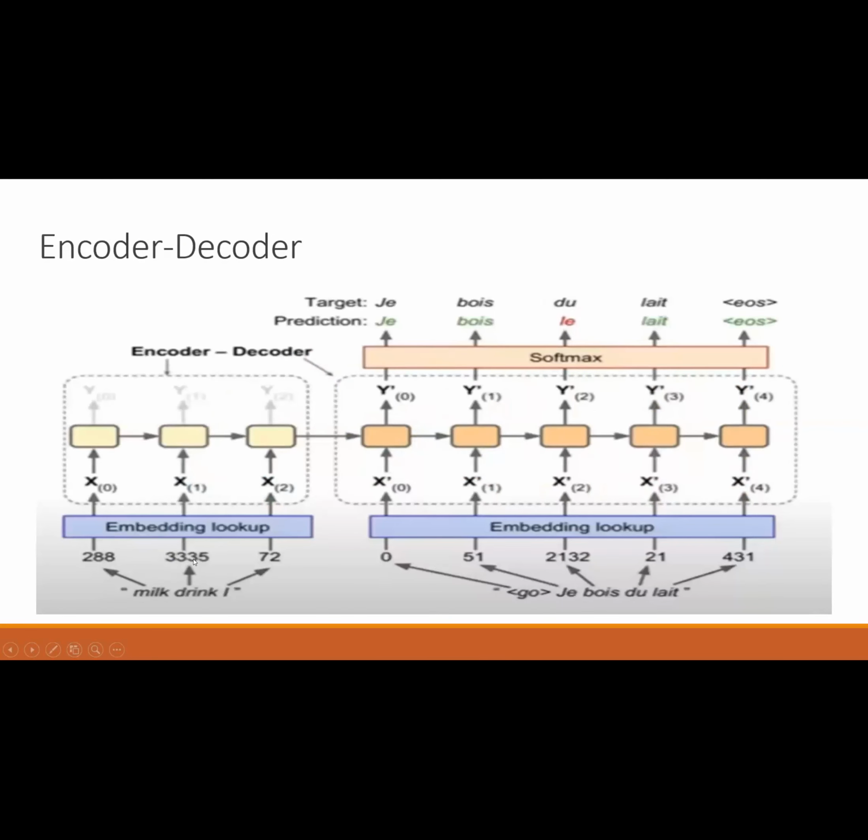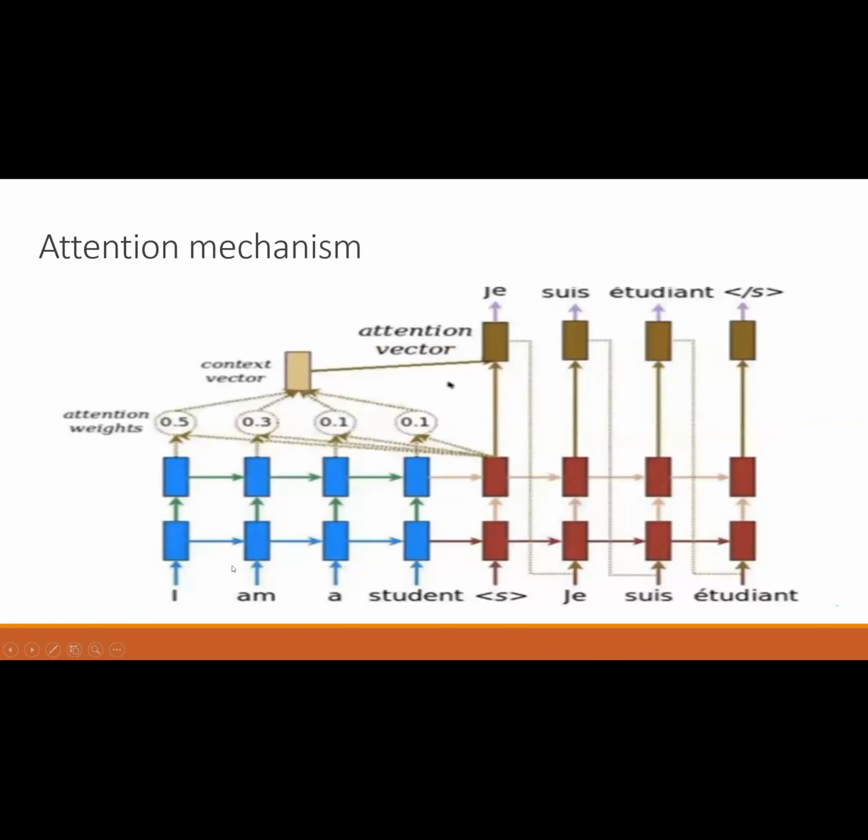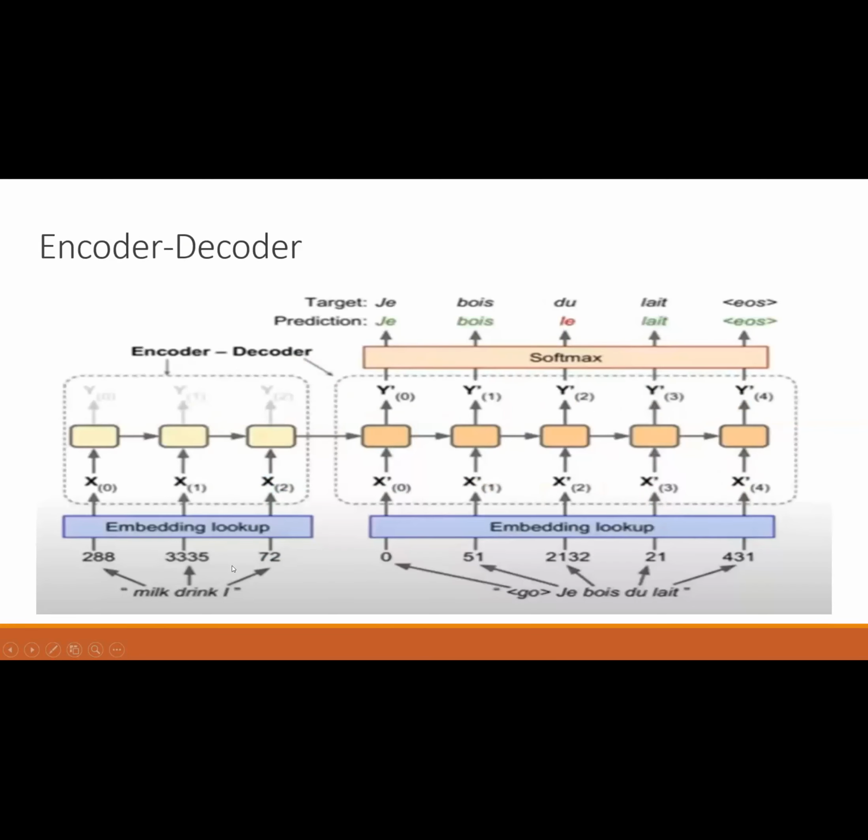So here I have one example. This is one input: milk, drink, I. We are translating this text into some other language. We are feeding three text inputs, and the corresponding vectors are given with the help of the embedding model.